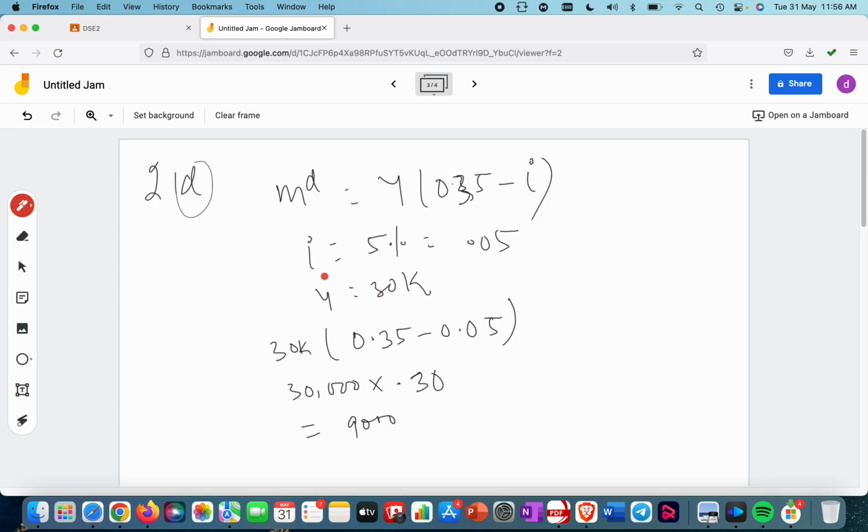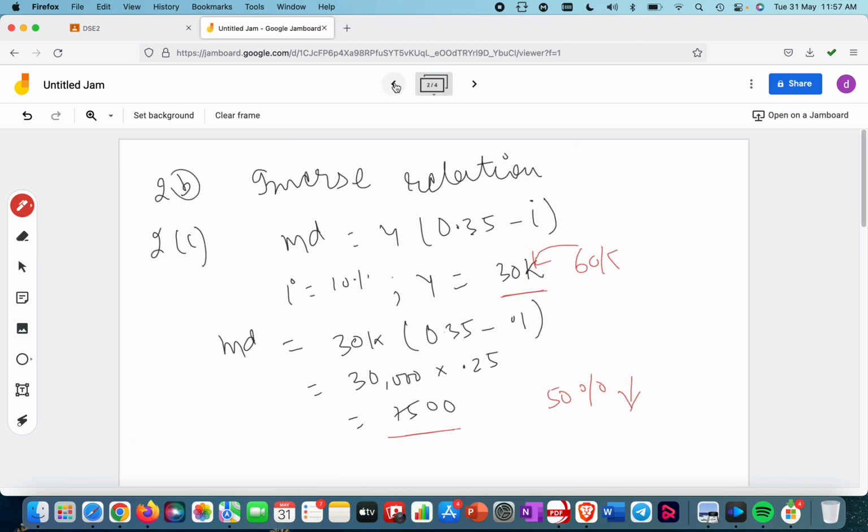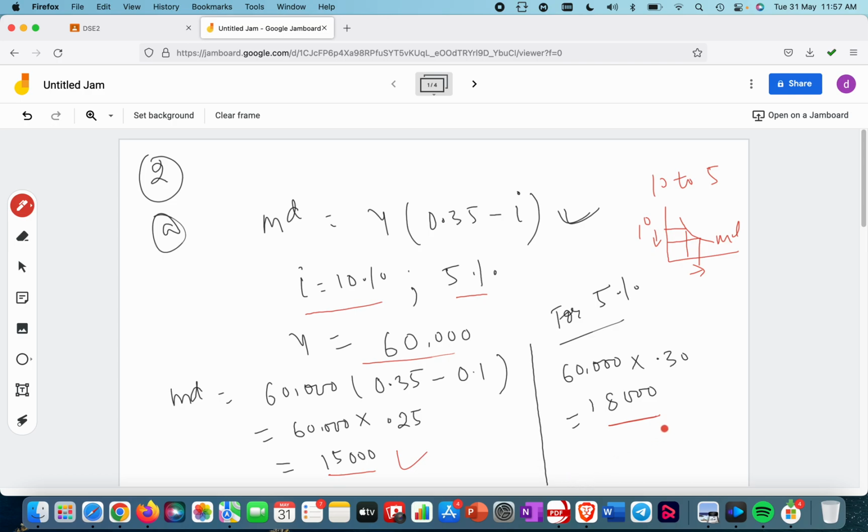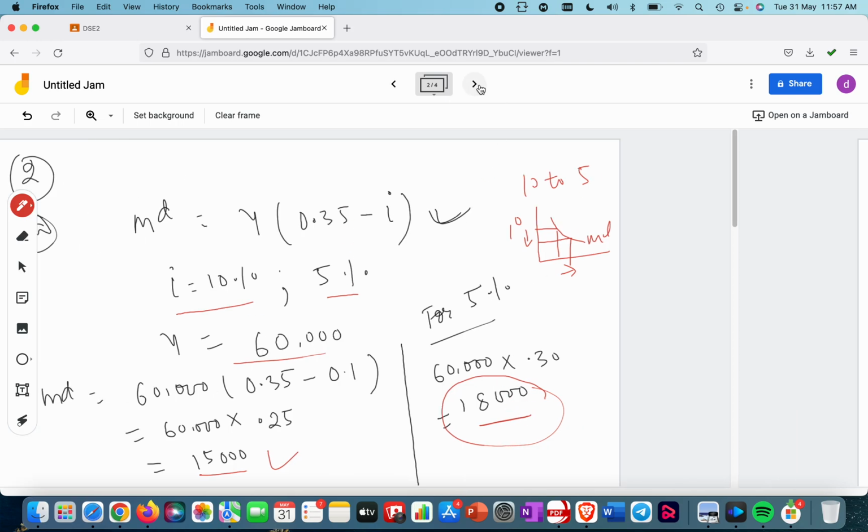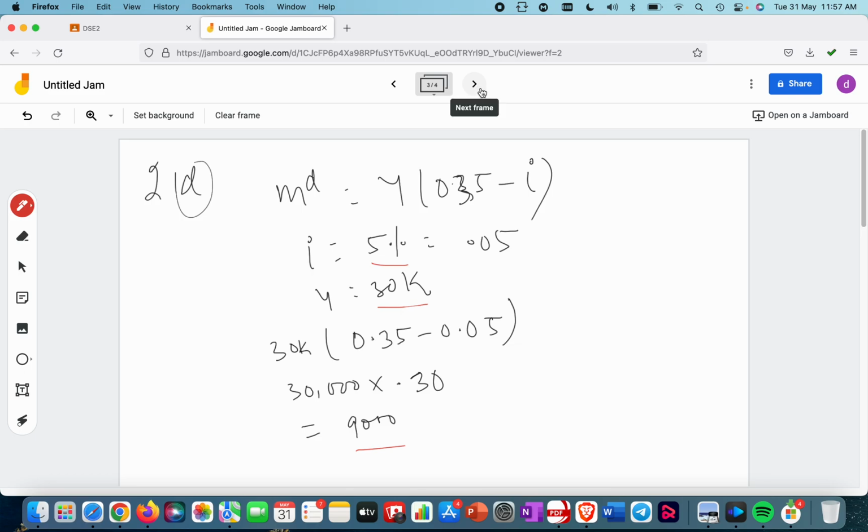Here rate of interest is 5% and income is half, so demand is 9,000. Now if you compare it with this, here it was 18,000. So you see, when income reduced to half, demand for money also reduced to half.